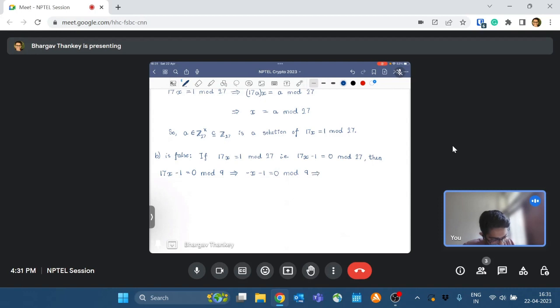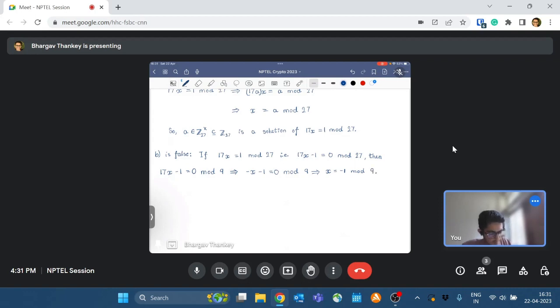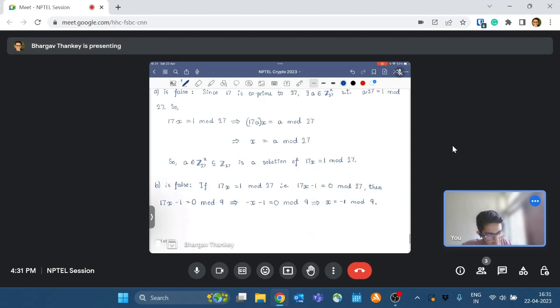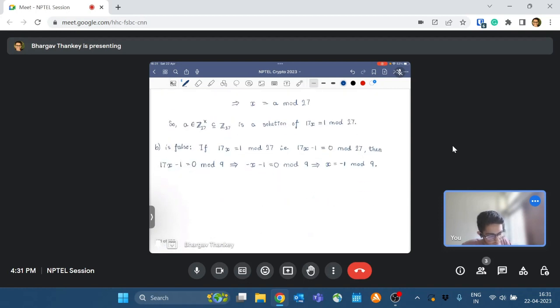Which implies that x equals minus 1 mod 9. Now, we are interested in the number of solutions in Z27, right? So what we can do is the following.